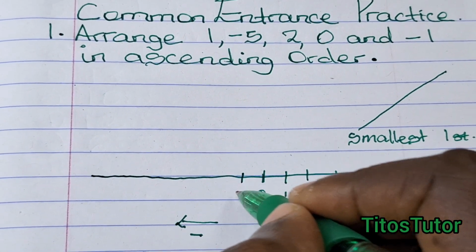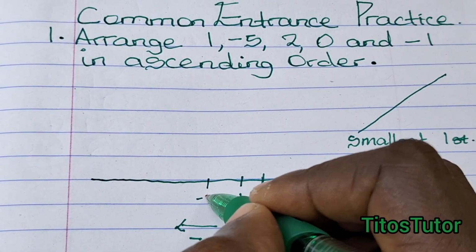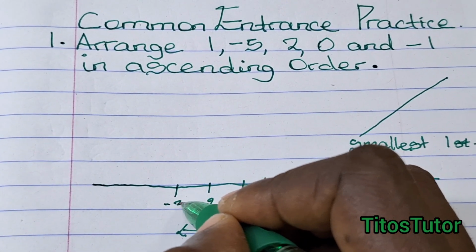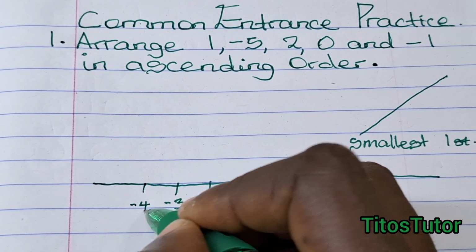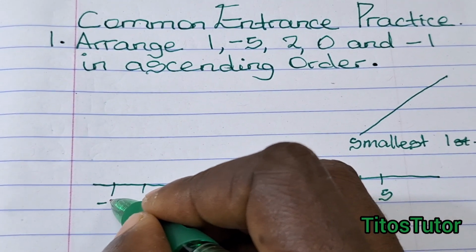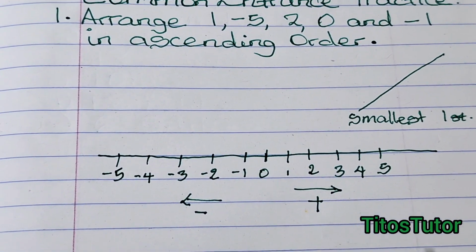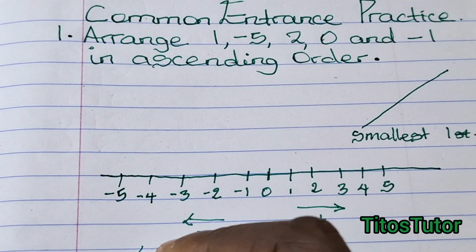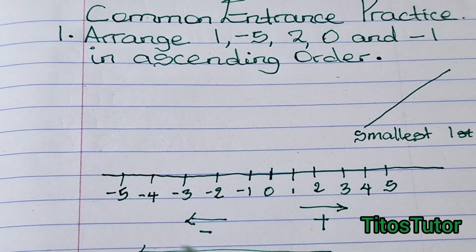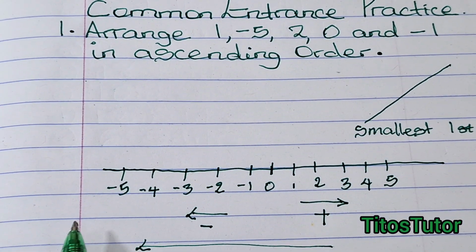On my left, -1, -2, -3, -4, -5. Okay, so on the number line, it gets smaller as I go to the left.